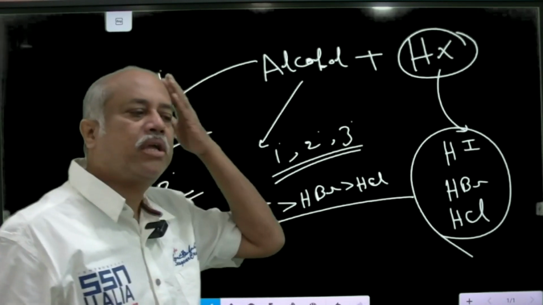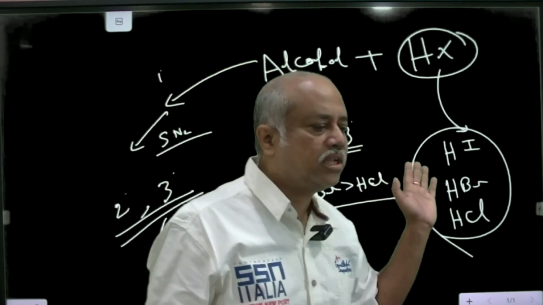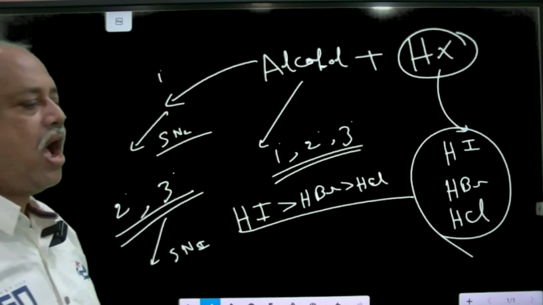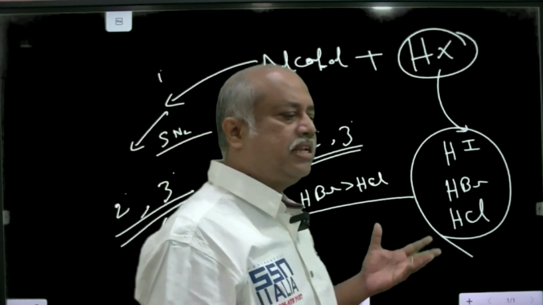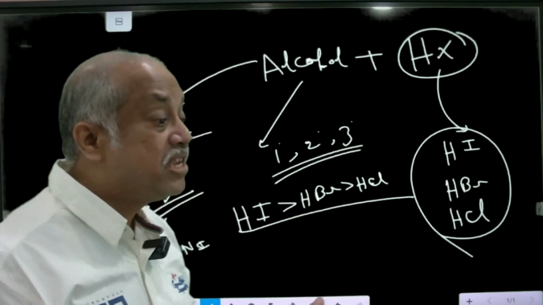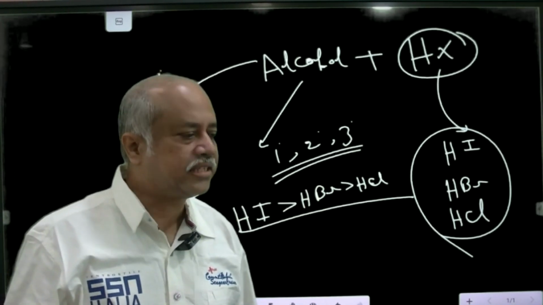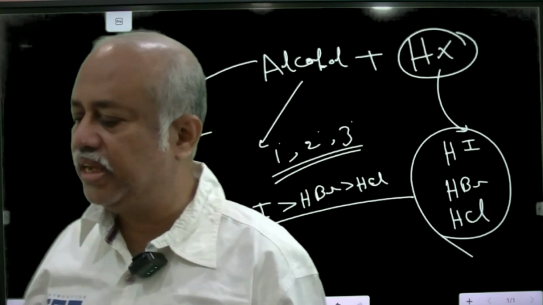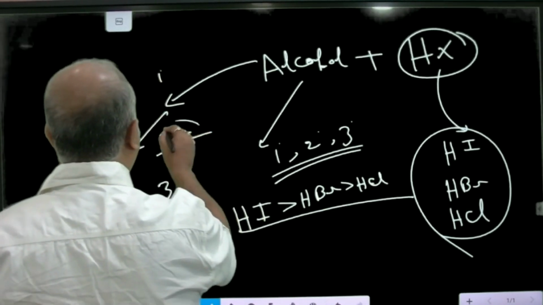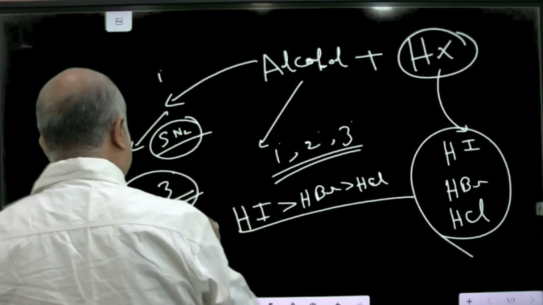In previous class, I have discussed SN1 and SN2 both in detail. That is the application. In case of primary alcohol, that is the SN2 mechanism. In case of secondary and tertiary alcohol, that is the SN1 mechanism.